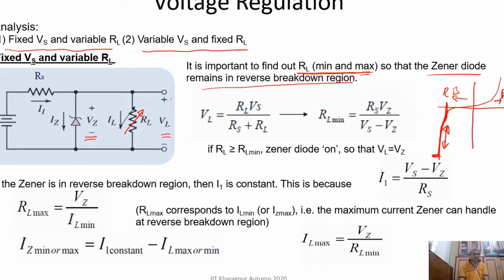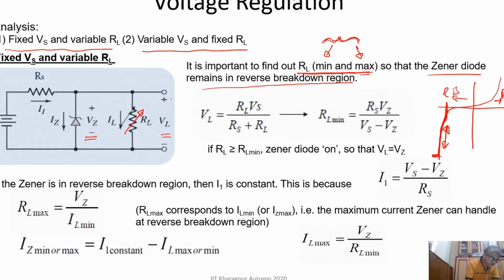So that's the key: the Zener diode will remain in the breakdown region even if there is a change in RL. Now we have to find RL min and RL max, the range in which the Zener should be in the breakdown region.